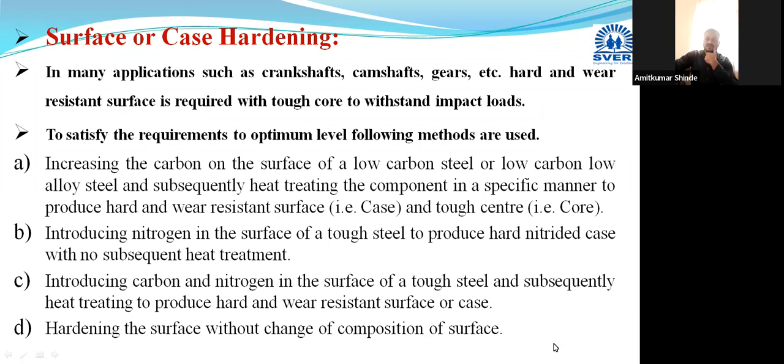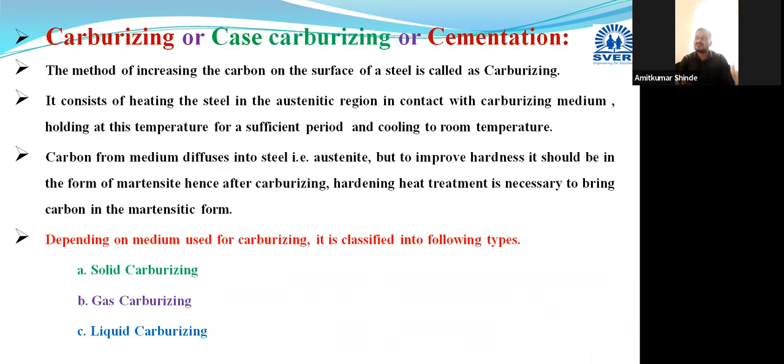In this way we are going to discuss these five types of surface treatment processes for steels: carburizing, nitriding, carbonitriding, flame hardening and induction hardening. One by one we will discuss this. We'll start with the carburizing method.